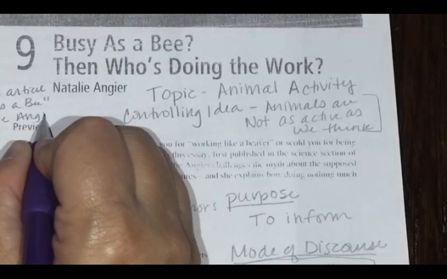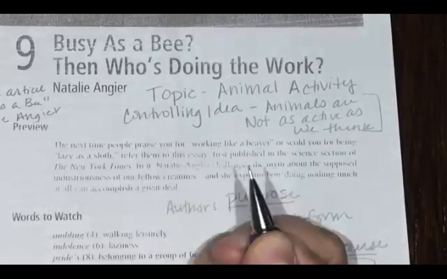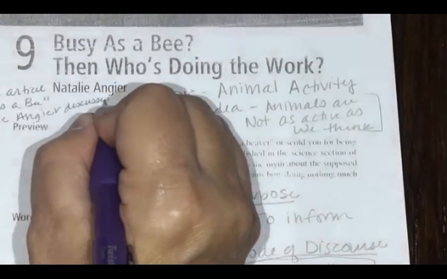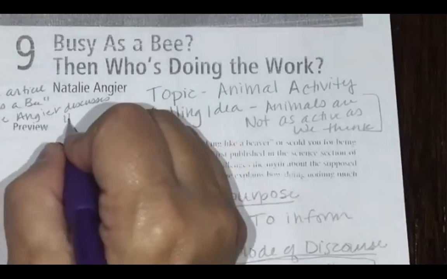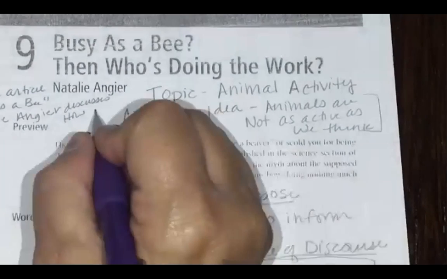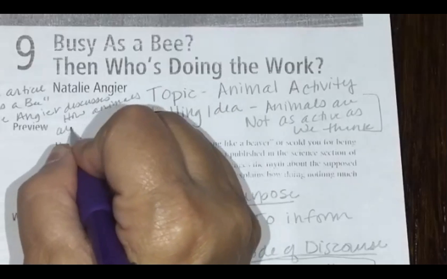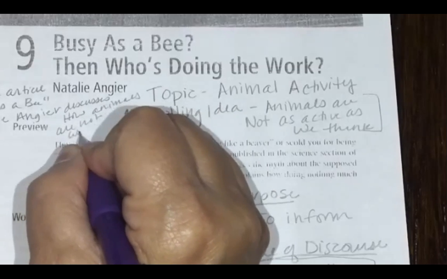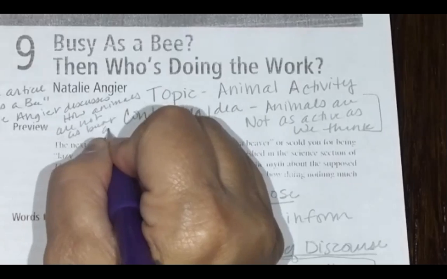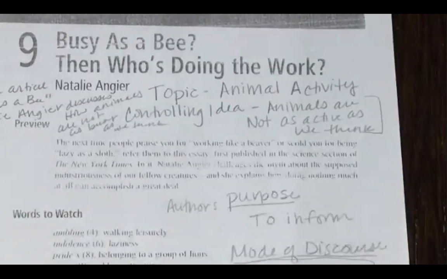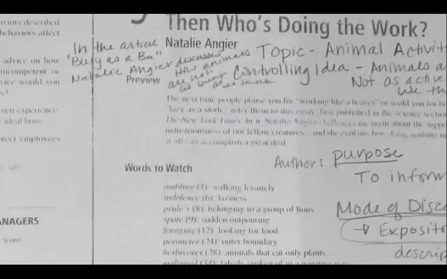I don't know how to say it, but that's what it looks like. Discusses how animals are not as busy as we think, right? Or as active as we think. Right. Okay.